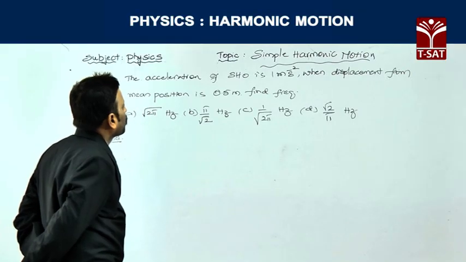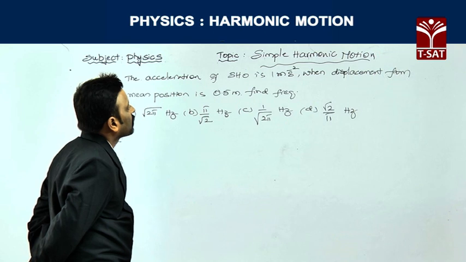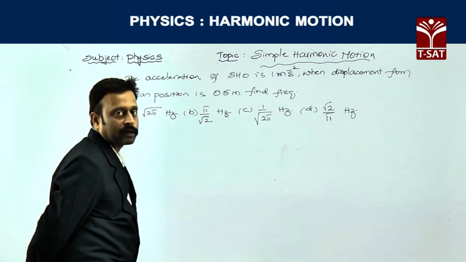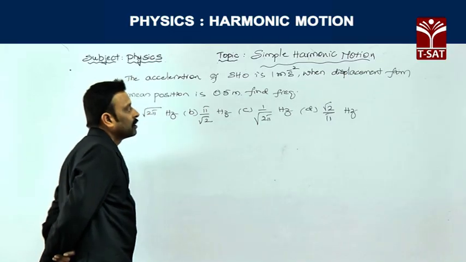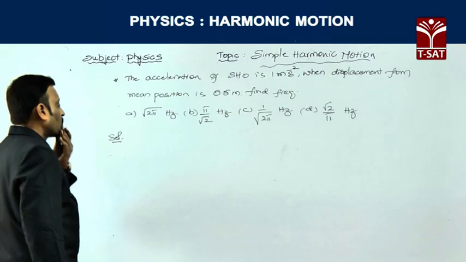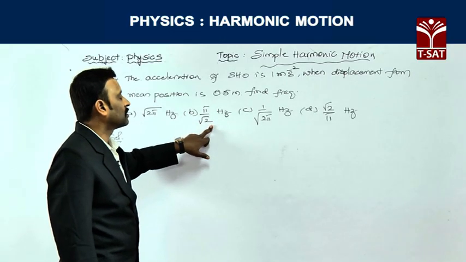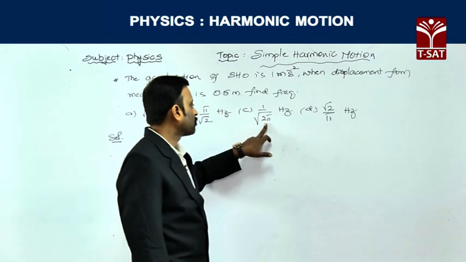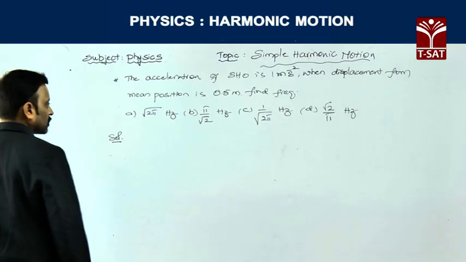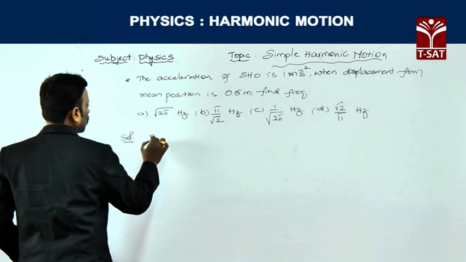The acceleration of a simple harmonic oscillator is 1 meter per second square when the displacement from the mean position is given as 0.5 meters. You are asked to calculate its frequency. The given options are, first one root 2 pi hertz, next pi by root 2 hertz, third 1 by root 2 pi hertz, and the last one root 2 by pi hertz. Now, what is the formula for frequency?